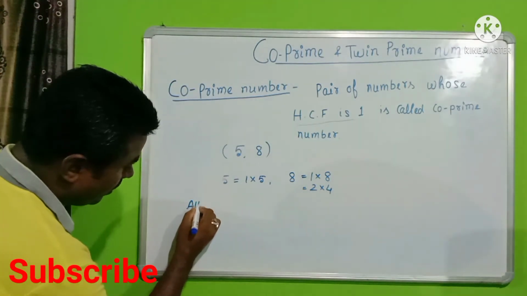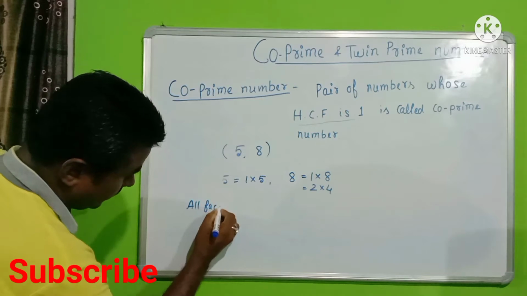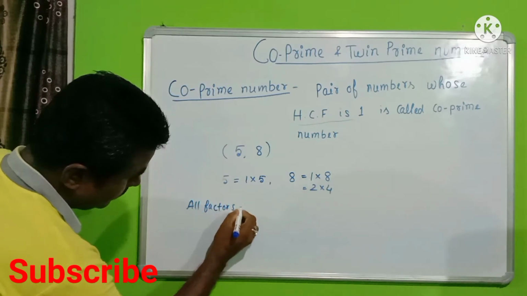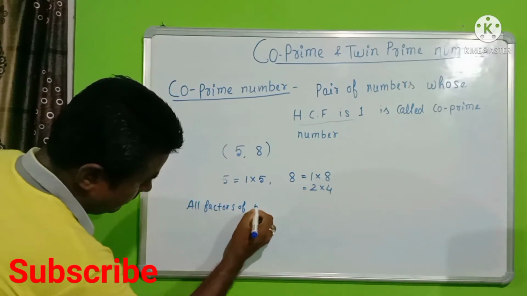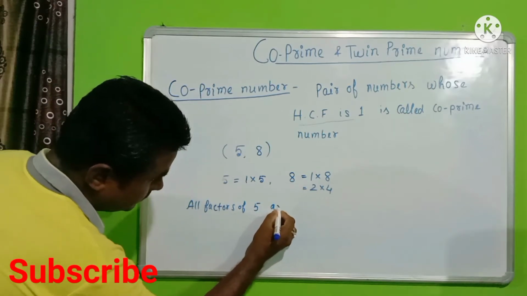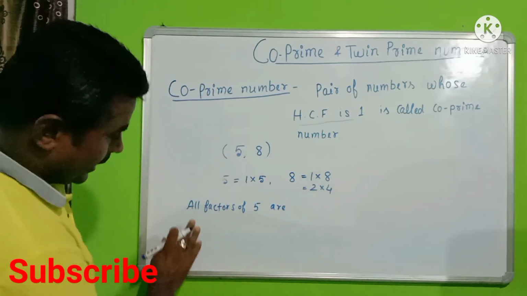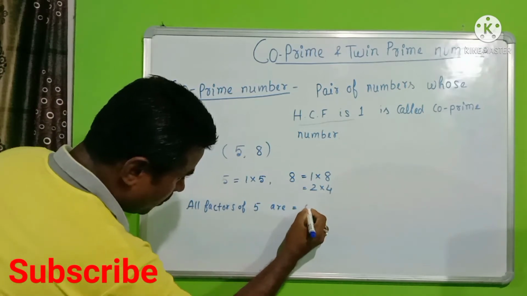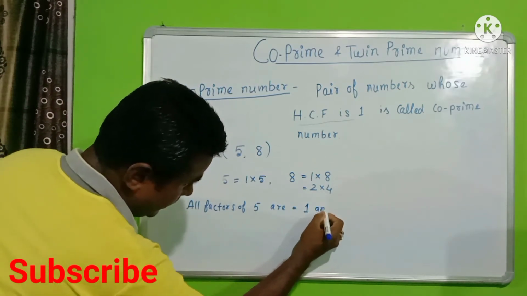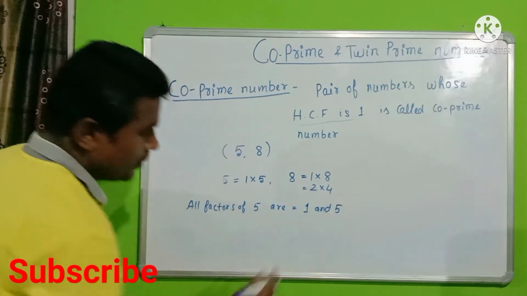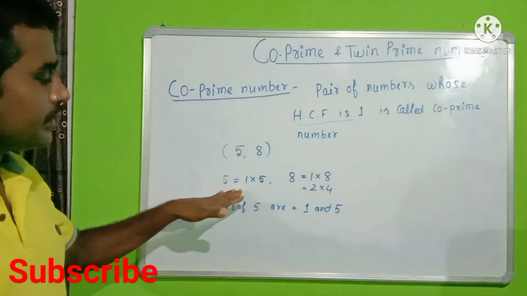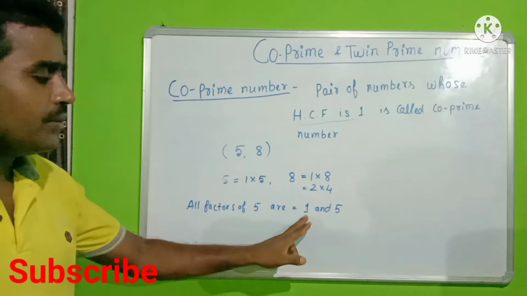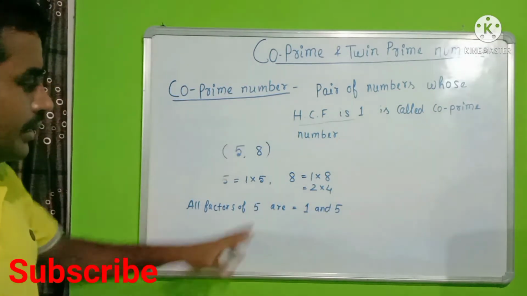All factors of 5 are 1 and 5. We have two factors of 5, they are 1 and 5.